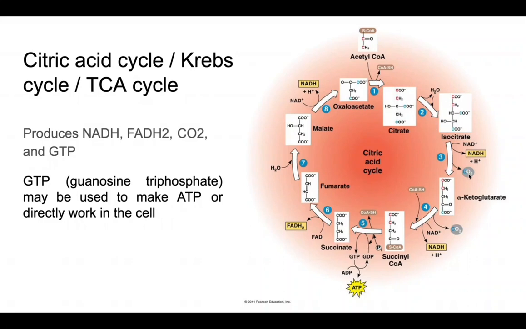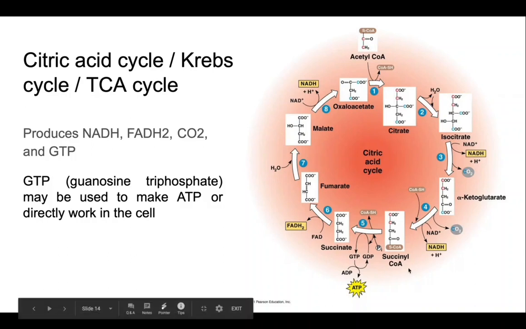So now 2 more of those carbons are accounted for as 2 more carbon dioxides, because remember, 2 of everything coming through here. The isocitrate will rearrange itself to make alpha-ketoglutarate, and we're down to 5 carbons.